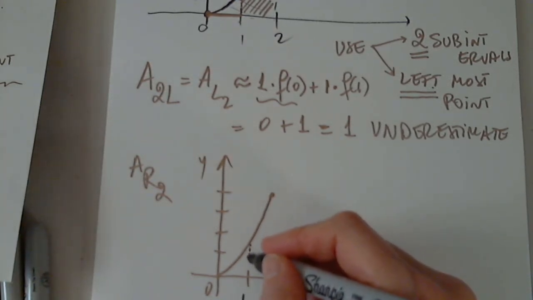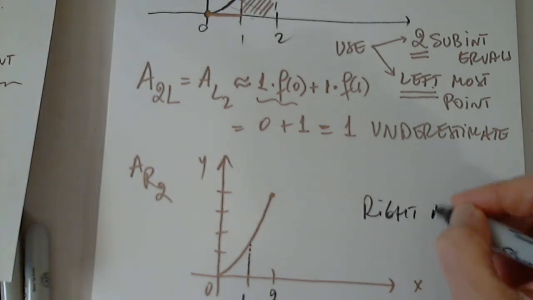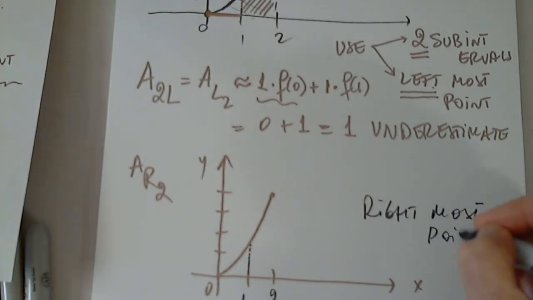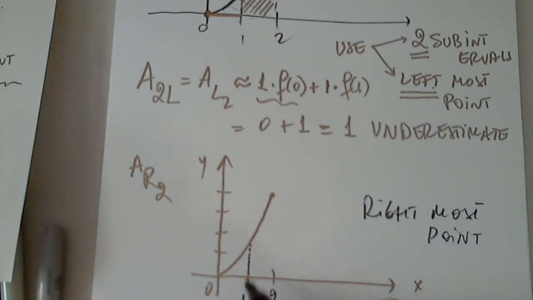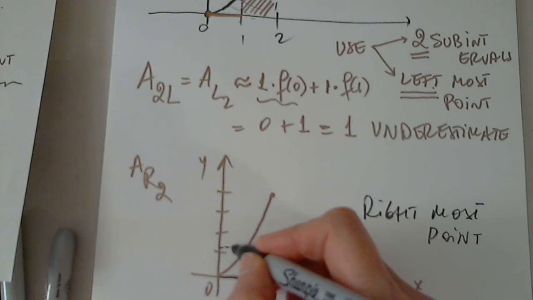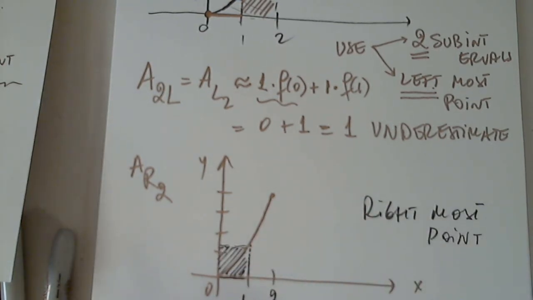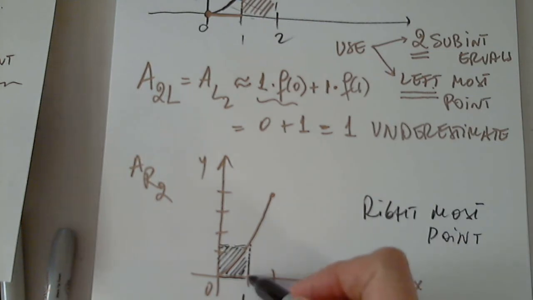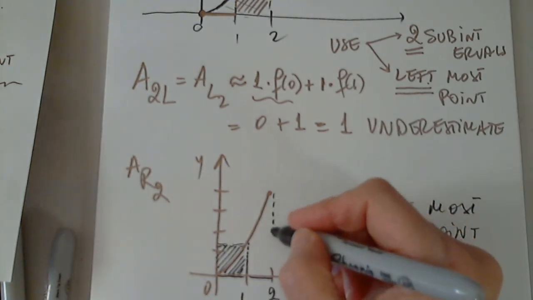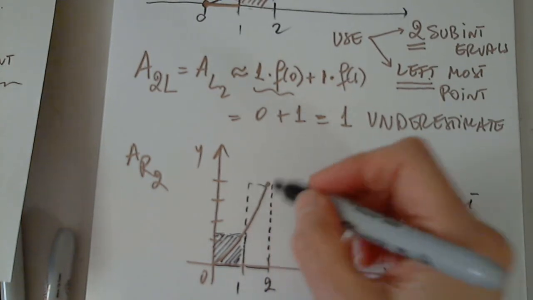This is the height. The height now is the rightmost point. Rightmost point, of course, for the height. Base times height, and this will be the area of this rectangle. The next base, this time the height is at the rightmost point, so this will be the area.